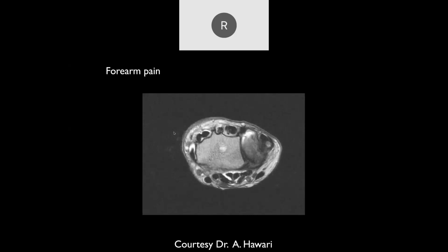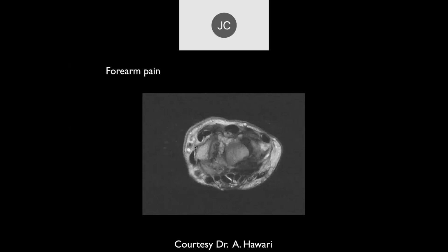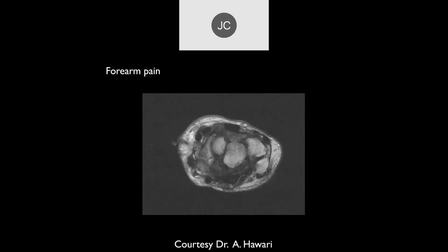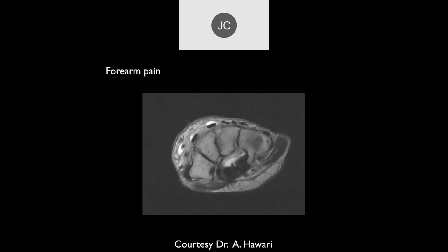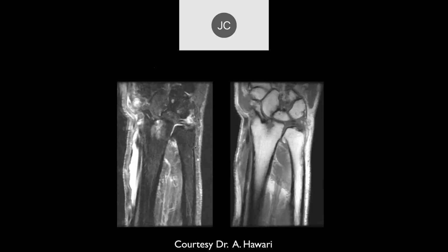Probably it would be better to say consistent with. Okay. But these are the characteristic findings. And here we can see fluid extending into the tendon sheaths of both of those two compartments. And then here are the coronal images.